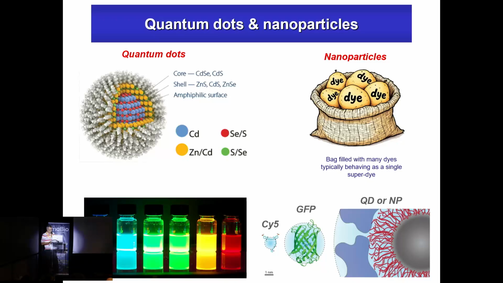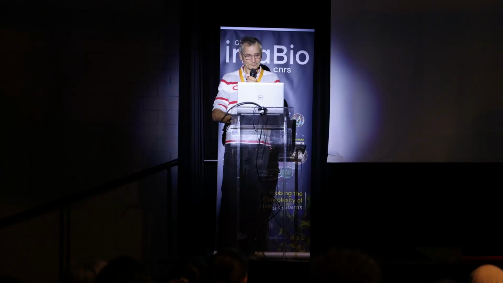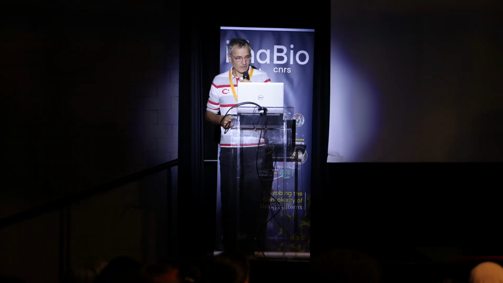So these nanoparticles can be engineered in many colors, they can be super stable, and the drawback essentially is their size. They are typically a lot bigger than any other fluorescent proteins or synthetic dye, even attached to their labels.